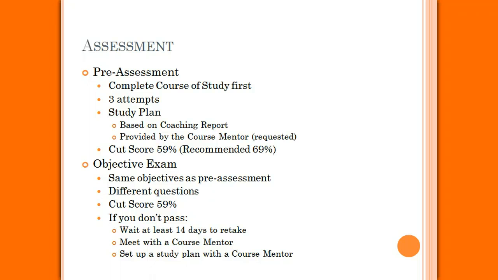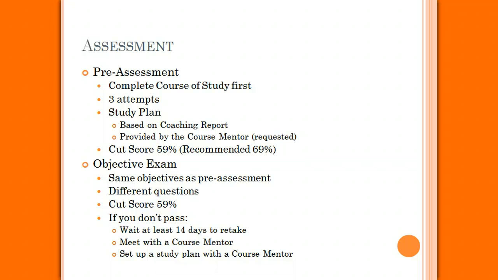The cut score for the exam is 59%, so we recommend that students score 10 points higher on the pre-assessment. As with other pre-assessments at Western Governors, students can only take them 3 times. There is only one form of the pre-assessment, so taking it more than 3 times would be of limited value.